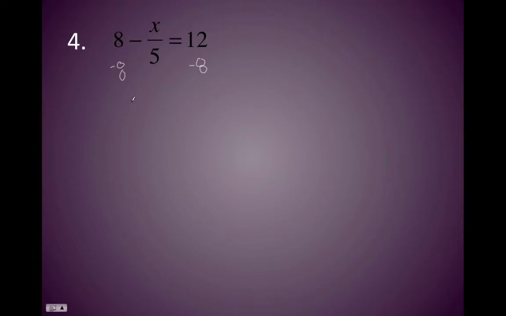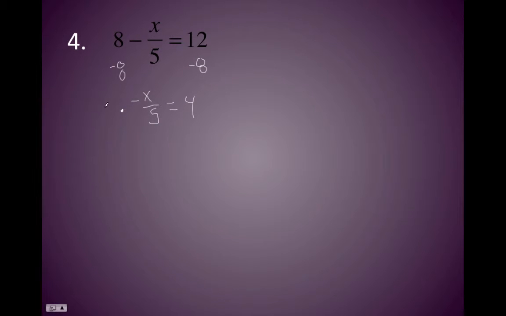When we subtract 8 on each side, we're left with negative x over 5 equals 4. Now you see I brought the negative down because we never did anything with it. It comes down with the number that it's in front of. Now if we want to get rid of this 5, we've got division, so the inverse operation is multiplication.